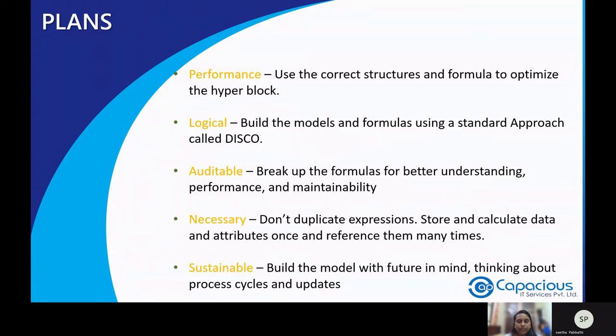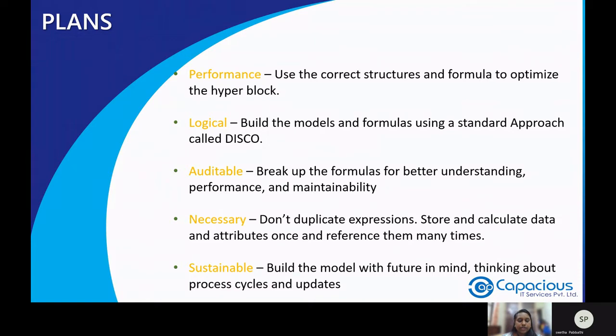Next is auditable. Auditable means it breaks the formula down for better understanding and maintains performance. Necessary means we don't perform any duplicate expressions to store data or calculate attributes while giving references.